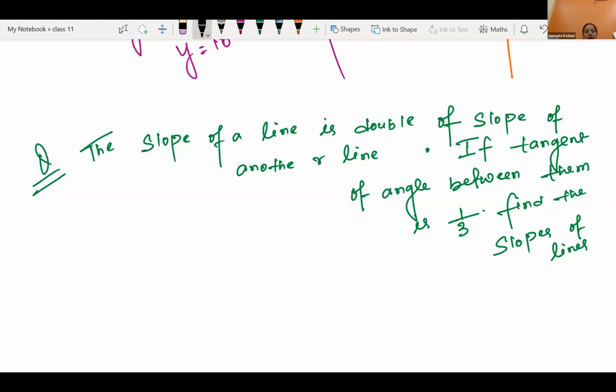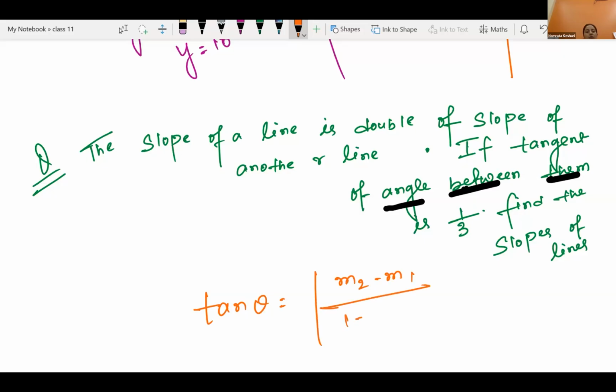them, okay? The moment you read angle between them, you have to recall the formula: tan theta is equal to mod of m2 minus m1 by 1 plus m1 m2. Getting it? Yes, ma'am. Now here it is written, tangent of the angle between them is 1 by 3. That means tan theta value is given directly to us as 1 by 3.